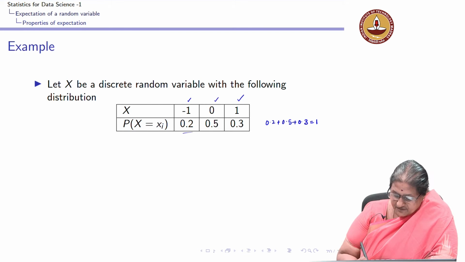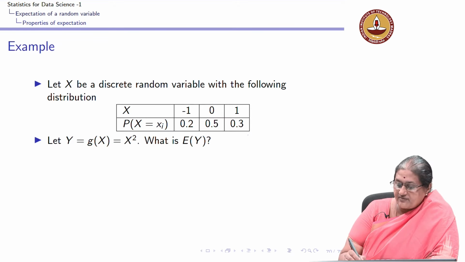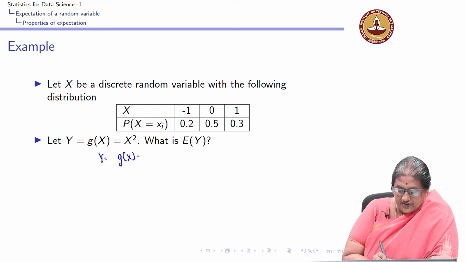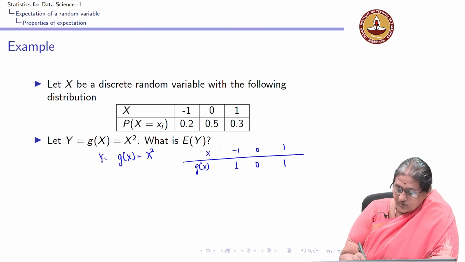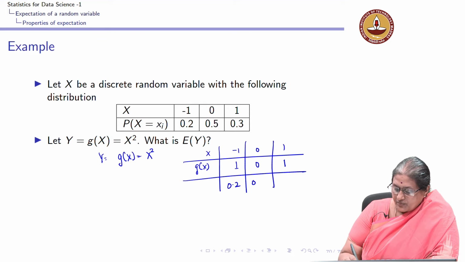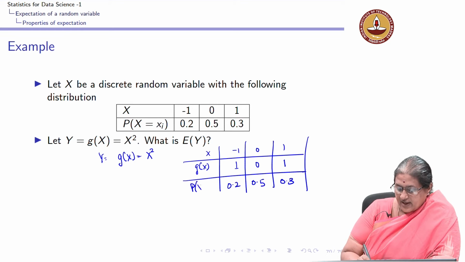Now, let us define g of x. So, let y be another random variable which is equal to g of x, which is equal to x square. So, again x takes the value minus 1, 0, 1. G of x takes the value x square, which is going to be 1, 0, 1 with probability 0.2, 0.5 and 0.3. This is probability x equal to xi, the same probability.